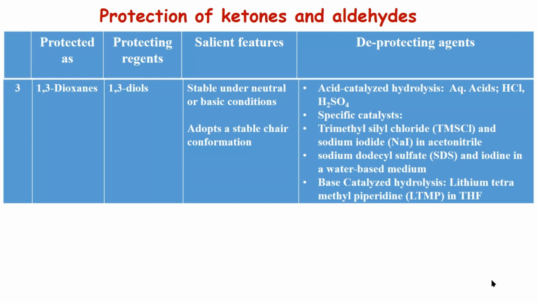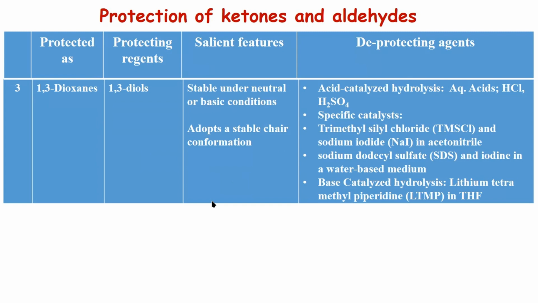They can be protected in the form of dioxanes by using protecting reagents like 1,3-diols. Similar to dioxolanes and acetals, they are stable to neutral and basic conditions. And these dioxanes adopt a stable chair conformation.